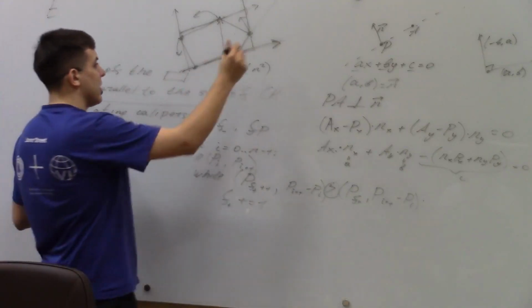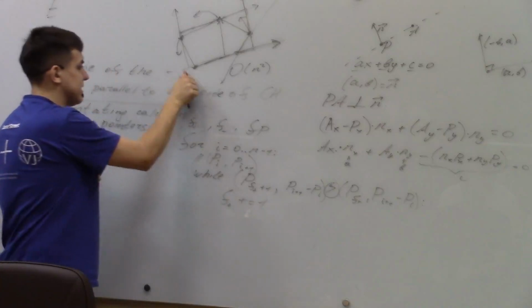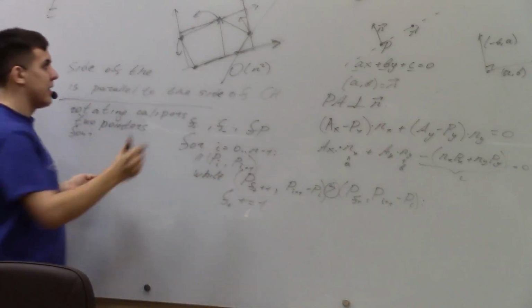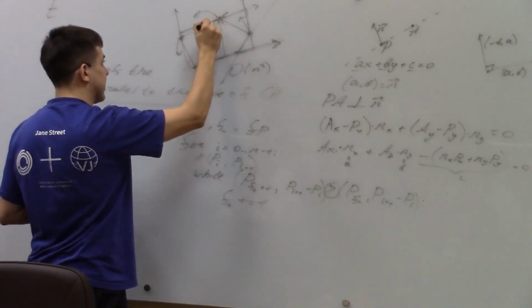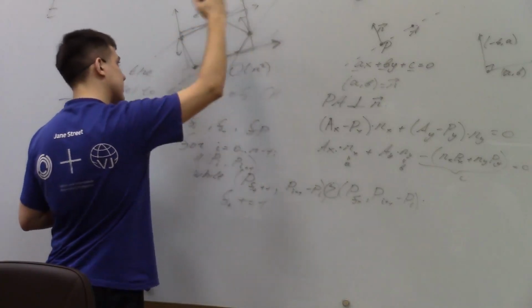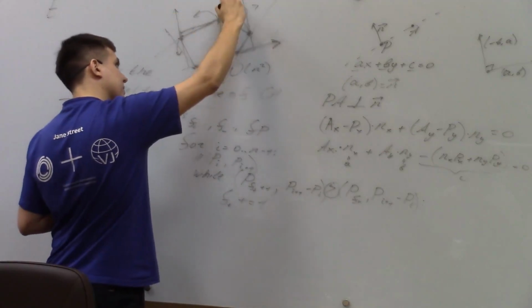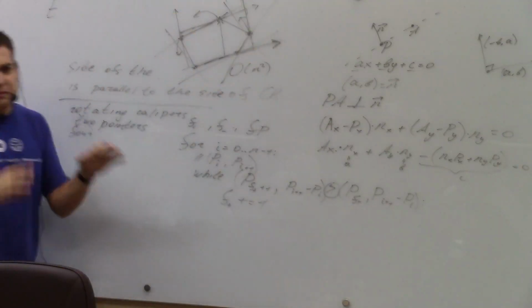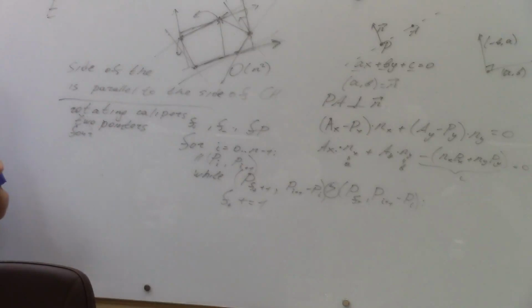So, well, this might not be the optimal rectangle, and this might not be an optimal rectangle. Well, maybe something in between is an optimal rectangle.